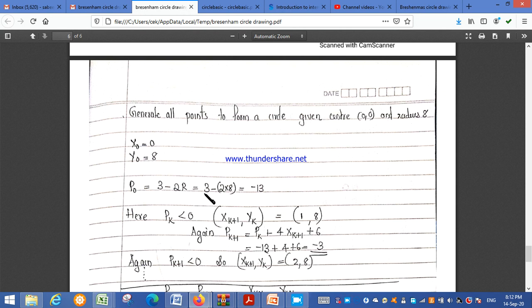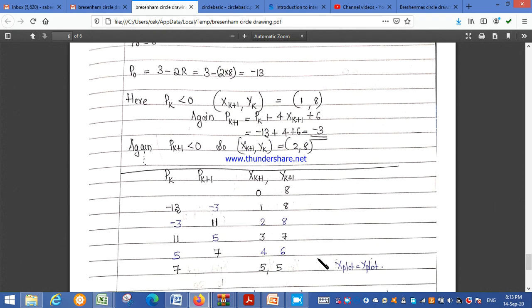That is, pk is minus 13: minus 13 plus 4 into xk, which is 1, so 4 into 1 is 4, plus 6, that is minus 3. Now the current pk value minus 3 is again less than 0. So your next point is xk plus 1, yk itself: 1 plus 1 is 2, so xk is 2 and yk is 8 itself.